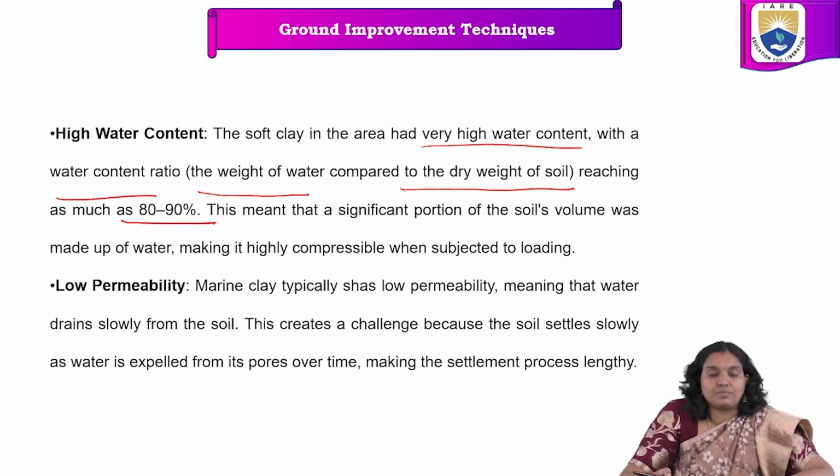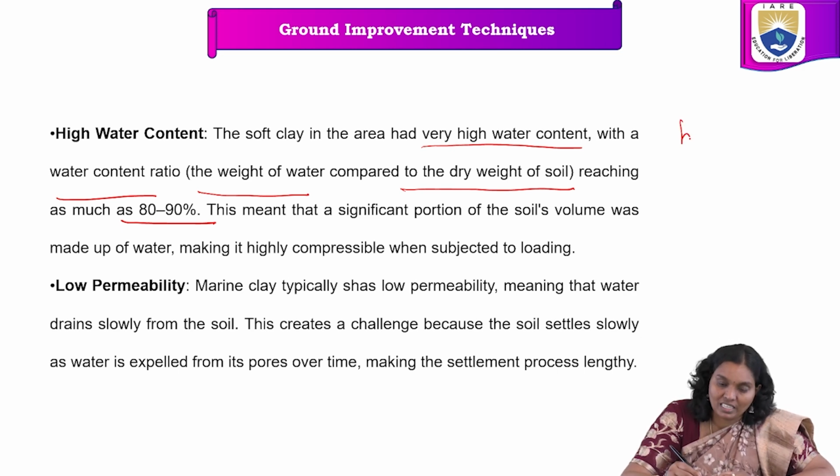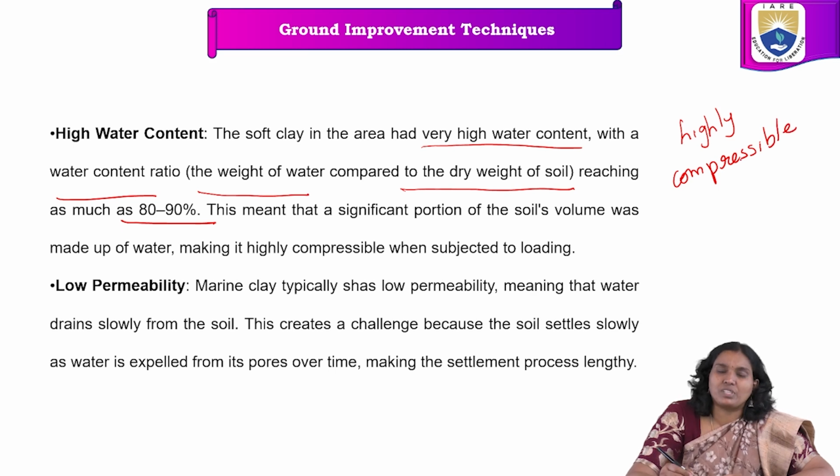This meant that a significant portion of the soil's volume was made up of water, making it highly compressible when subjected to loading. So we have to understand it is highly compressible when subjected to loading.